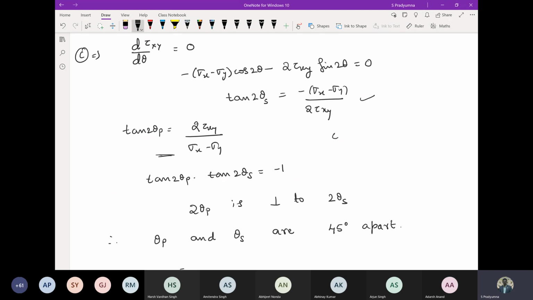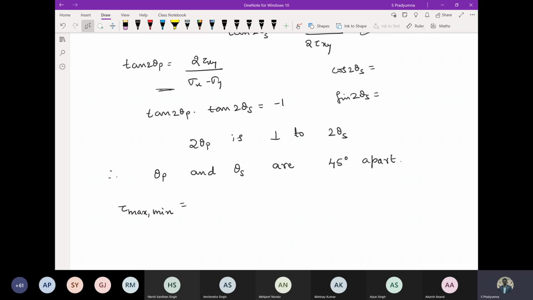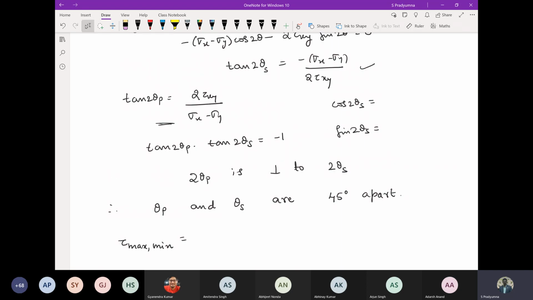We can find out what is cos 2 theta s from this and what is sin 2 theta s from this. We can find out what are these values, right? So by getting the values of cos 2 theta s and sin 2 theta s, we can find out this.